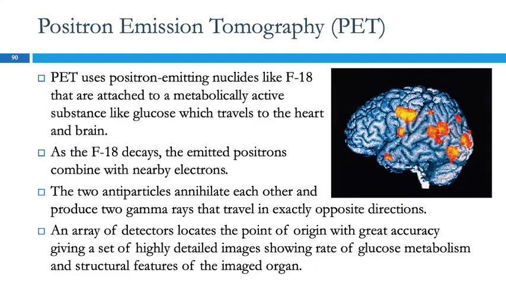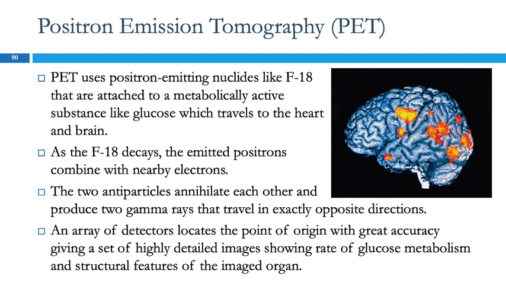PET is positron emission tomography. So that's fluorine-18. You can attach that to metabolically active substances like glucose, and then the glucose in the blood will travel to the heart and to the brain. The positrons, as they are emitted, will combine with nearby electrons, because a positron is the antimatter of an electron.